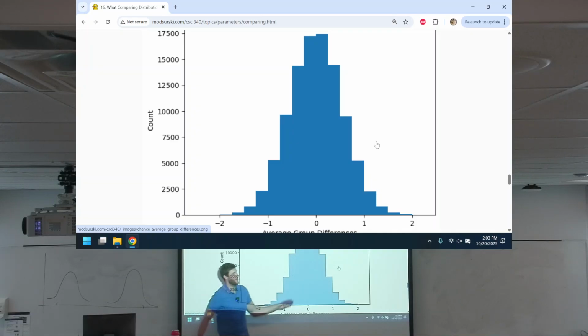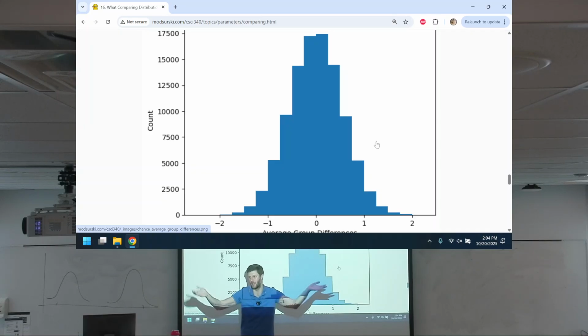What do I mean by chance? We are assuming the null hypothesis. We are assuming it didn't matter what group they were in. And if it didn't matter what group they're in, sometimes the people who just recovered faster went to that group, and the slower ones went to that group. And sometimes they went that way. Sometimes there's just a mix and mash of everything, right?